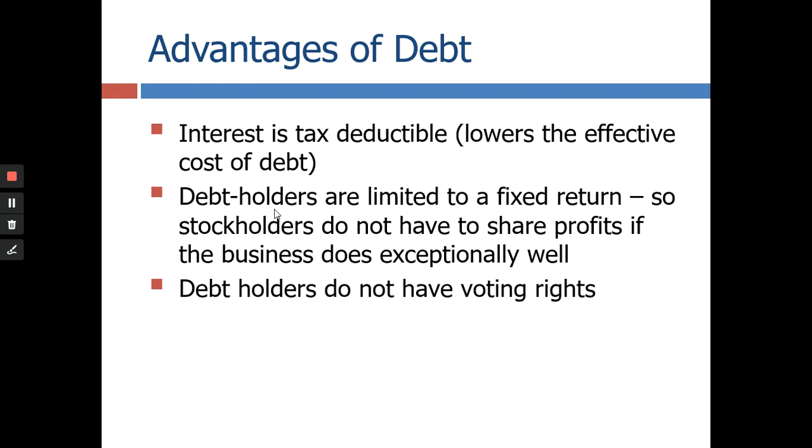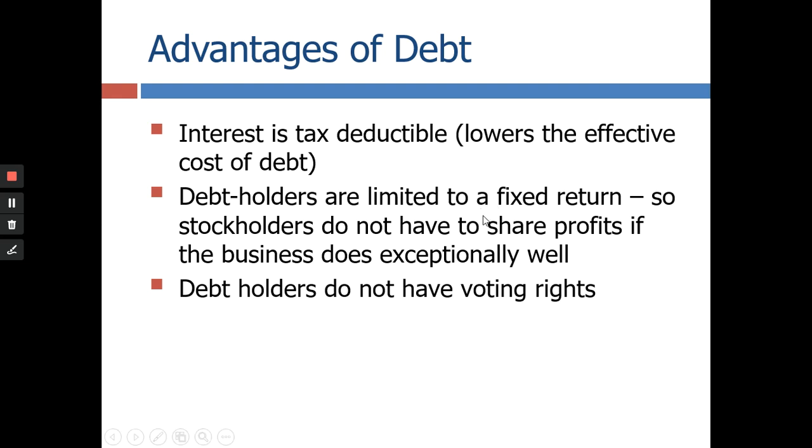You have to pay 5% interest per annum, and that 5% per annum is fixed. If you take 100 ringgit, you have to pay 5 ringgit. You pay only a fixed return. If the company makes double the profit or triple the profit, do you pay higher than 5%? Or do you pay double the interest? The answer is no.